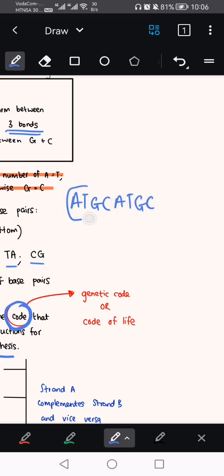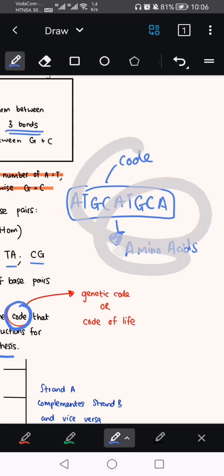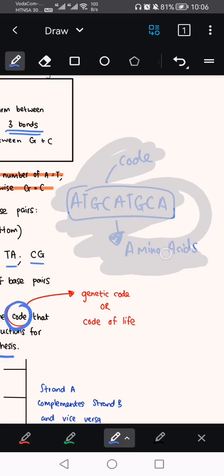This code tells the body to make certain amino acids. We're going to look at why I'm saying amino acids a bit later. Those amino acids will then join and form a protein. But that is not very important right now.